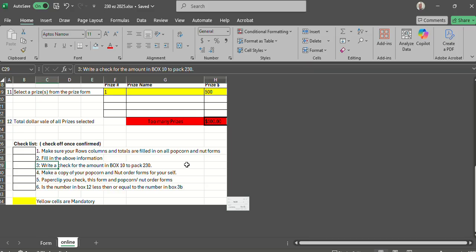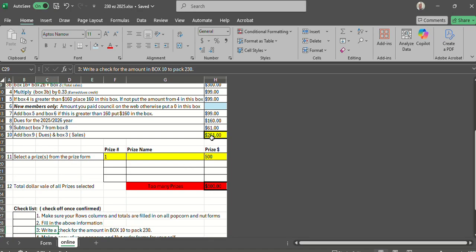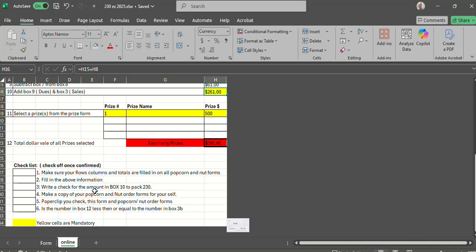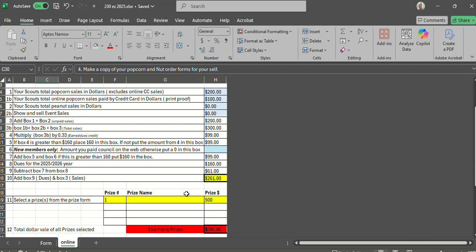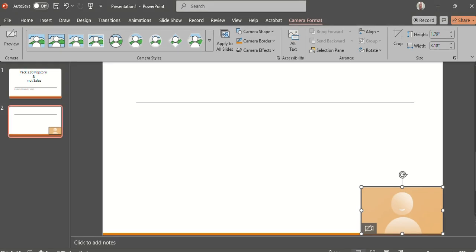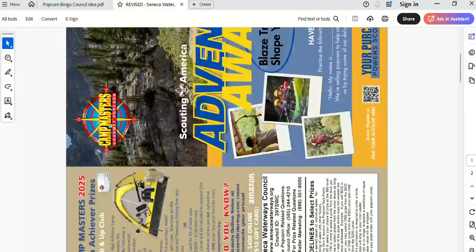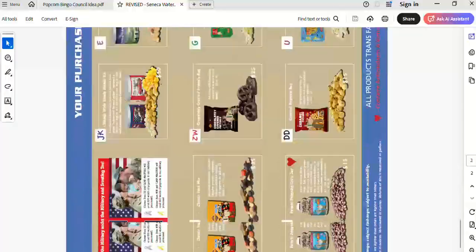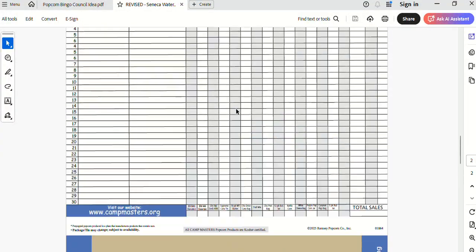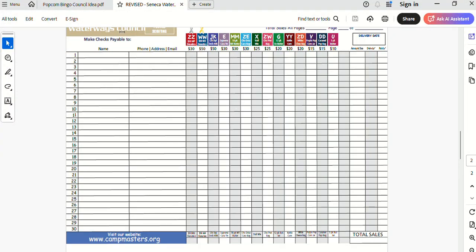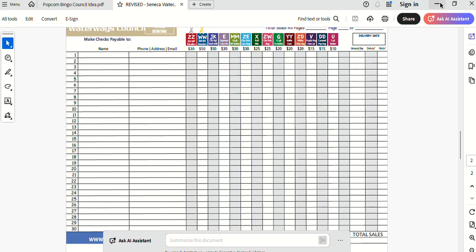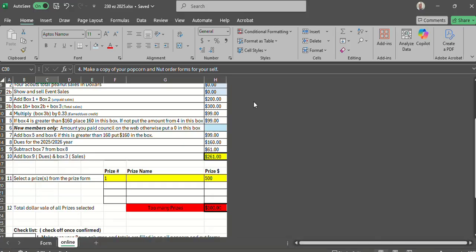Fill in this form here. Make sure you write a check to Pack 230 for the amount in box 10. Make a copy of your popcorn and nut forms, which we talked about. Make sure that you make a copy of your forms. You really don't need the whole thing. All you really need is this sheet here. Make sure you make a copy of this, whether it be a copy or a picture on your phone.